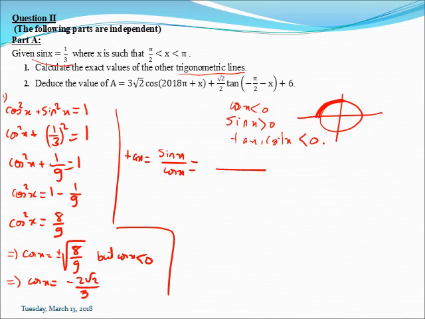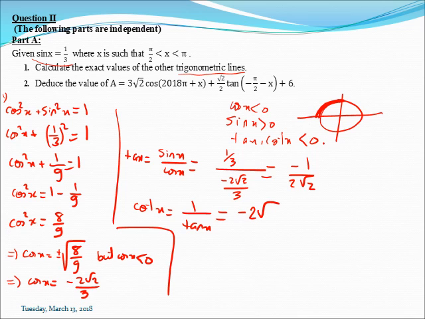Sine x equals 1 over 3, cosine x is minus 2 radical 2 over 3, which equals minus 1 over 2 radical 2. Cotangent x equals 1 over tangent x equals minus 2 radical 2.